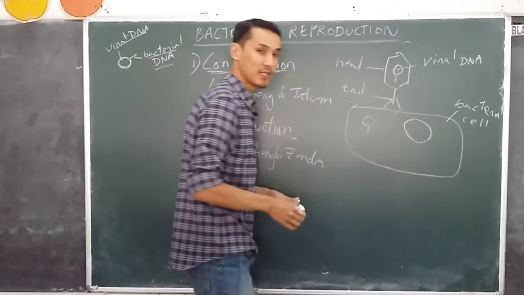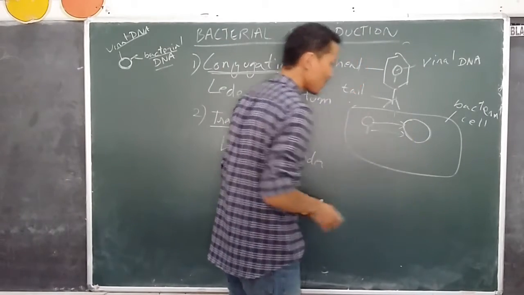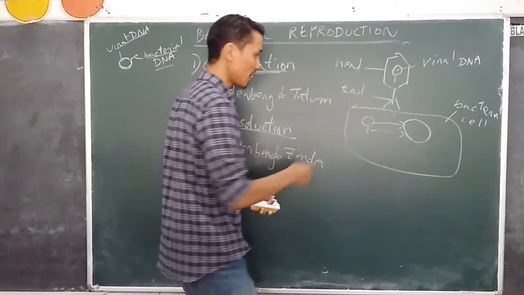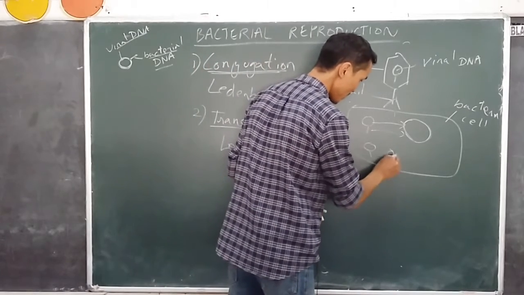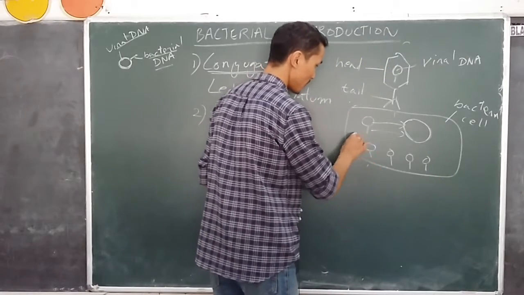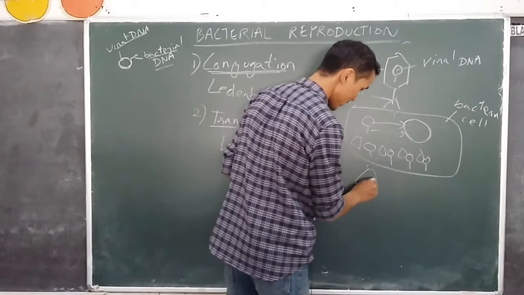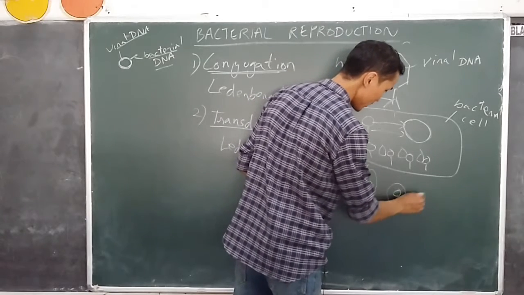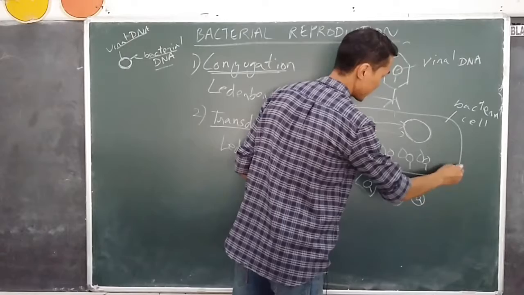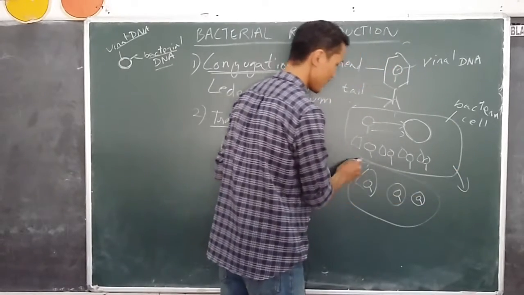This is the original bacterial DNA. This interferes with the replication of the DNA, and then we get many such new viral DNA, which leads to the formation of protein coats. And again, we get more bacteriophages with the new viral DNA in this bacterial cell, of course, releasing the new bacteriophages.